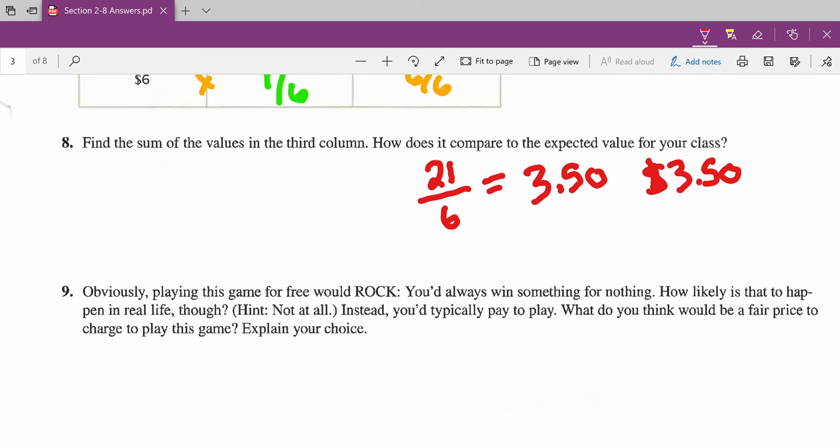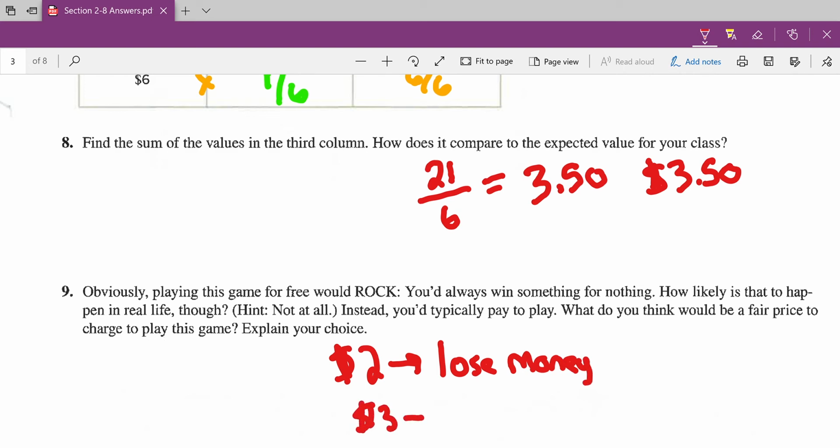Well, if my expected value is $3.50, if I charged $2 to play the game, I would lose money. If I charged $3 to play the game, I would make money. And I just said that wrong?